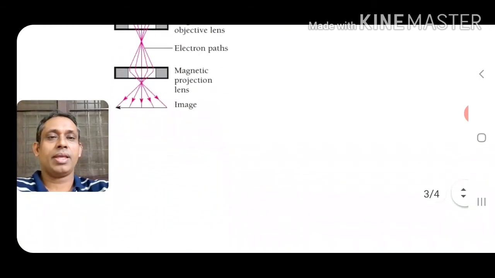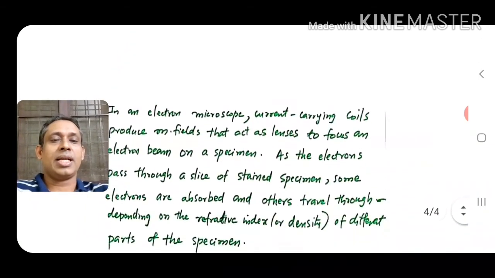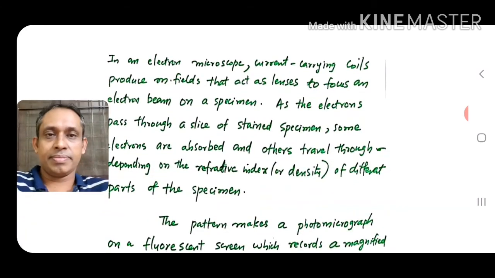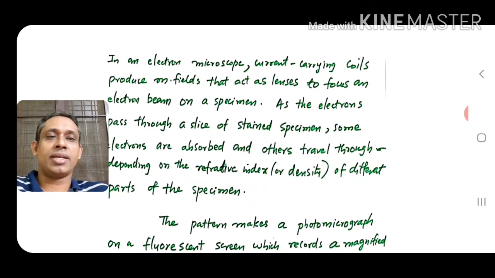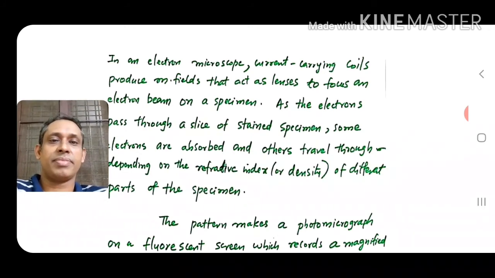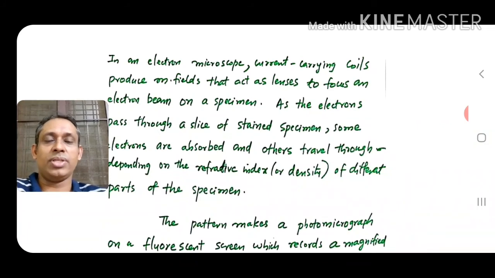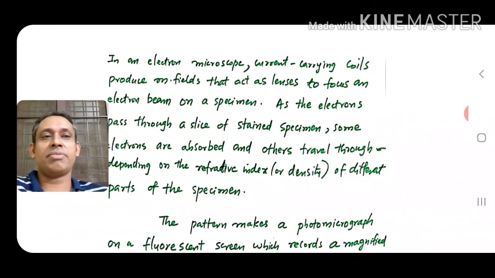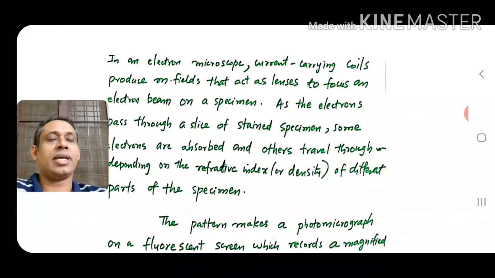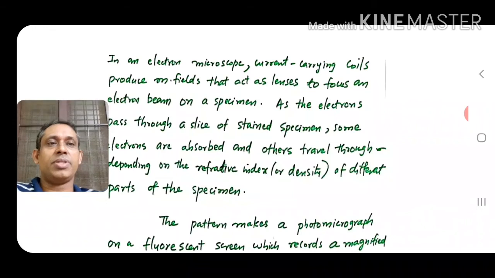Magnetic lenses are current carrying coils which produce a magnetic field. As current passes through these coils, they produce a magnetic field, and these lenses can then focus the electron beam on a specimen.